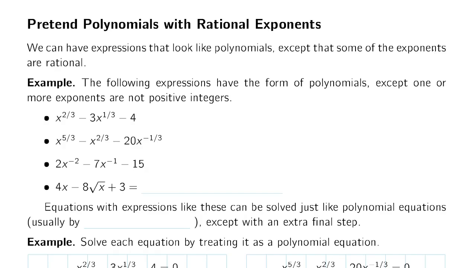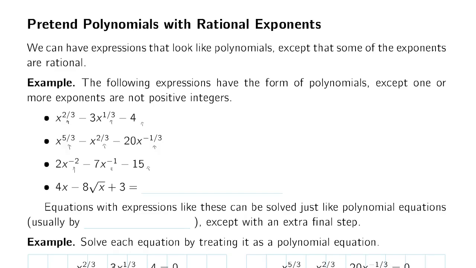So each of these expressions, one power of x, another power of x, a constant, one power of x, another power of x, yet a third power of x, one power of x, another power of x, a constant. Each of these expressions has the form of a polynomial, except that the exponents are not positive integers.